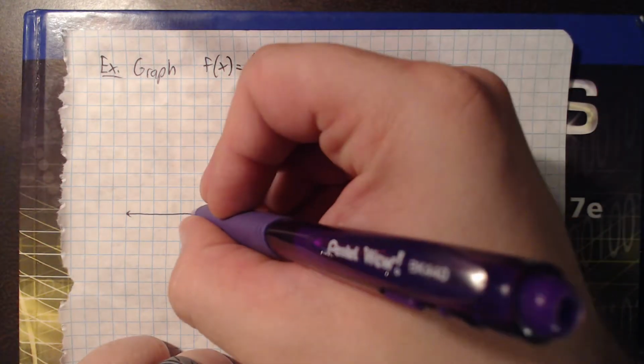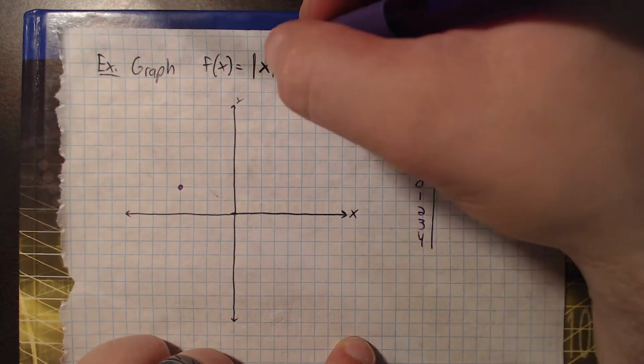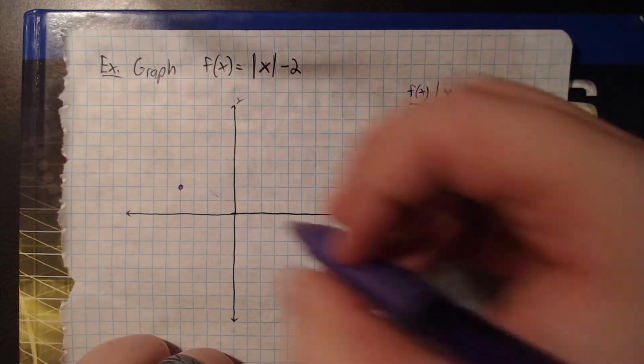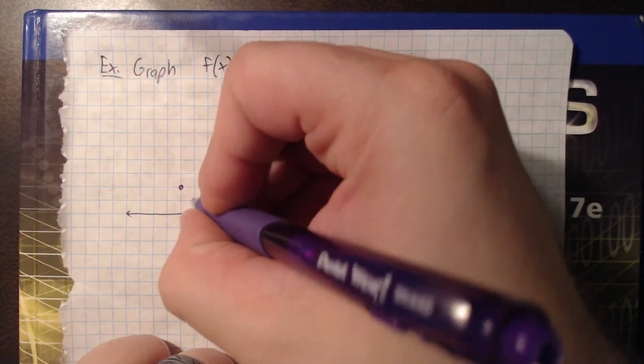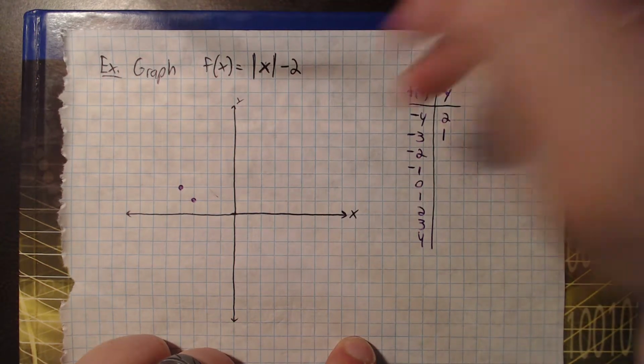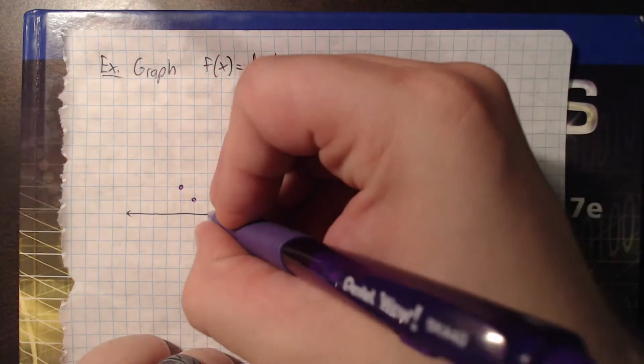So negative 4 and 2, that puts us up here. Absolute value of negative 3 is 3. Minus 2 is 1. So negative 3, 1. Absolute value of negative 2 is 2. Minus 2 is 0. So negative 2, 0.